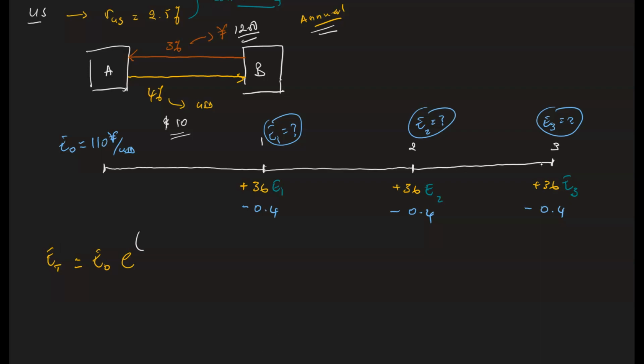Actually, I'm going to use something a little different here. Our forward exchange rate for any period is going to be equal to our spot exchange rate multiplied by the exponential of the domestic interest rate, so it's going to be R_US minus the foreign interest rate.